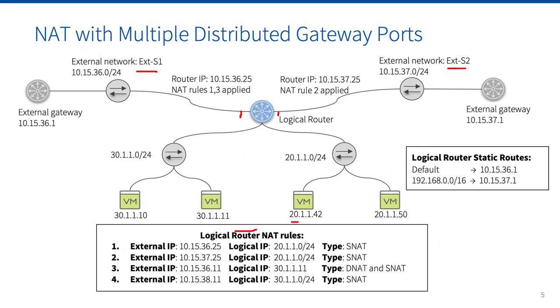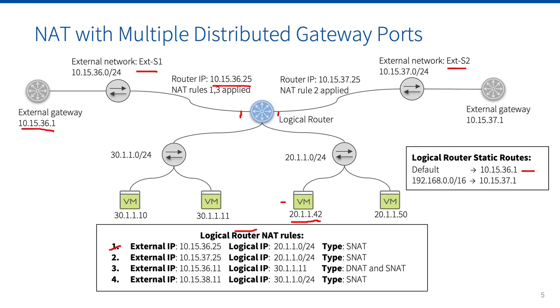If a VM with IP 20.1.1.42 needs to talk to 8.8.8.8, the logical router will route the traffic to the gateway of ext-s1, 10.15.36.1, based on the routes, and it needs to apply NAT rule 1 and not NAT rule 2 to translate the source IP to 10.15.36.25.